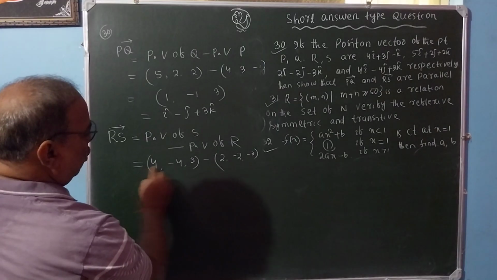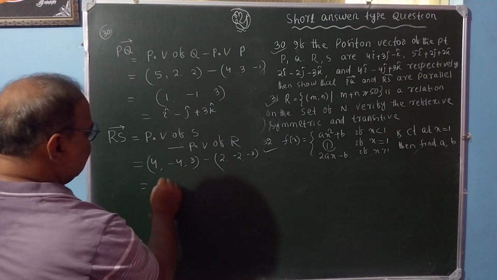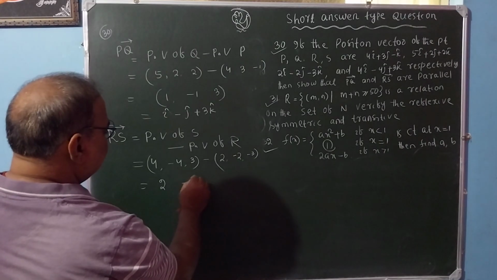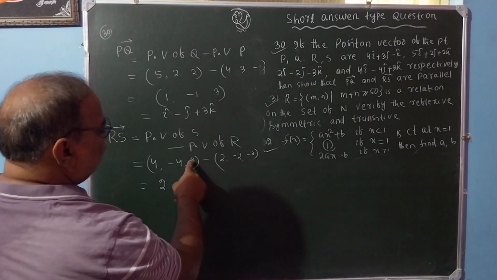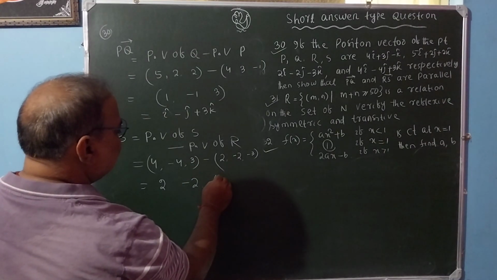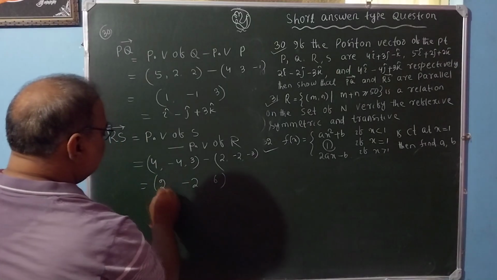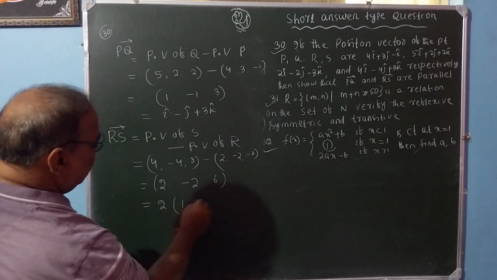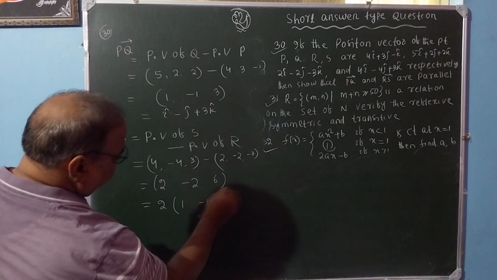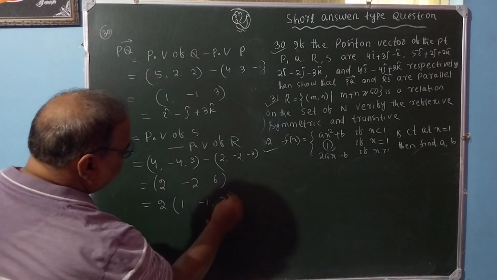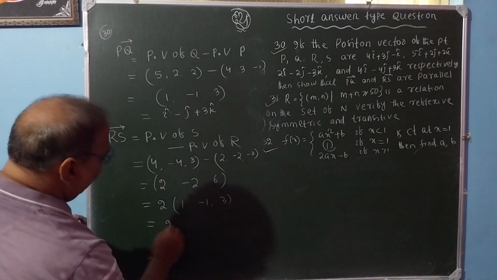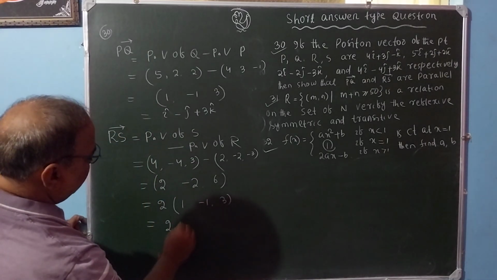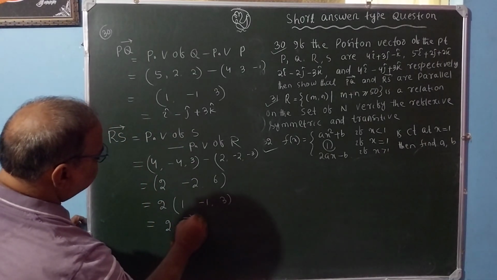So 4 minus 2 is 2, minus 4 plus 2 is minus 2, and 3 plus 3 is 6. Taking 2 common, it is 1, minus 1, 3, so this is nothing but 2 into the PQ vector.